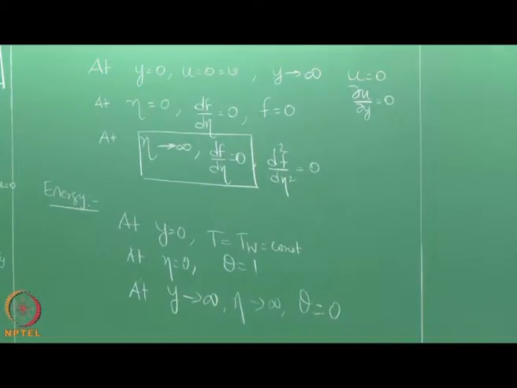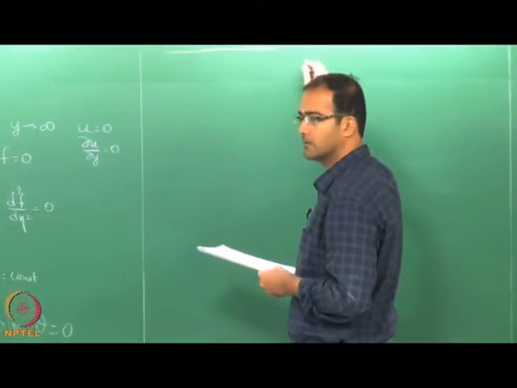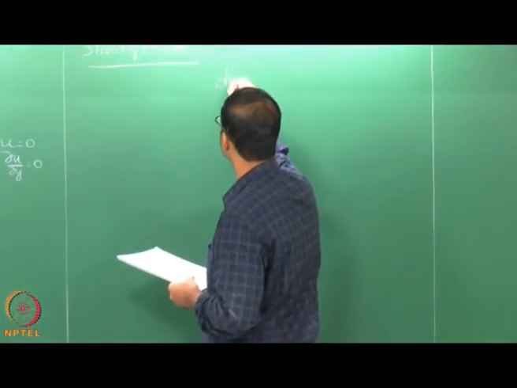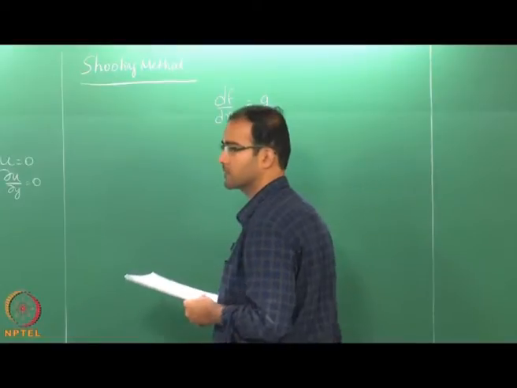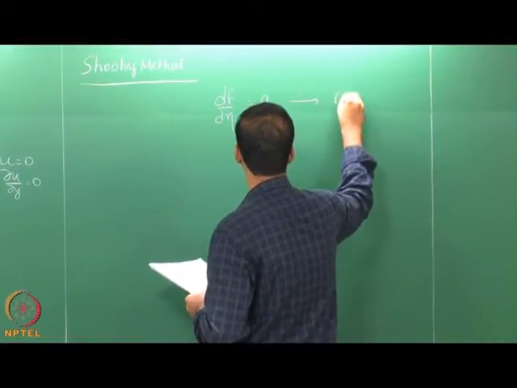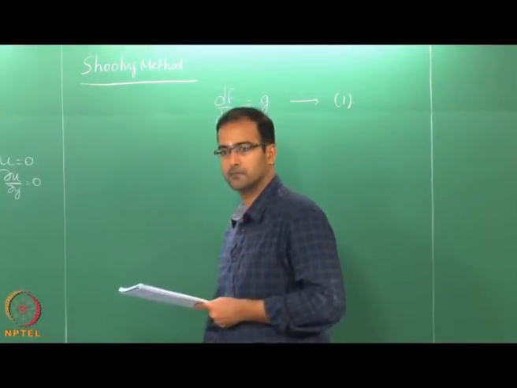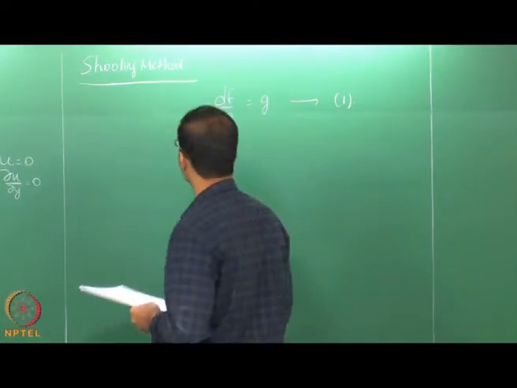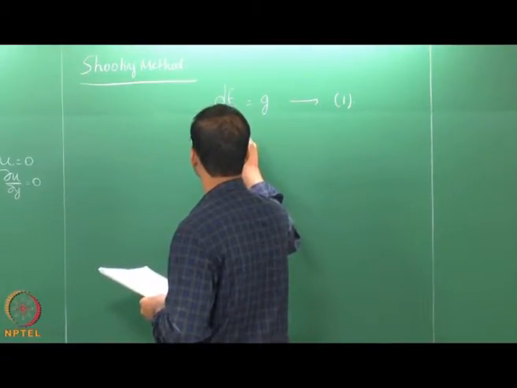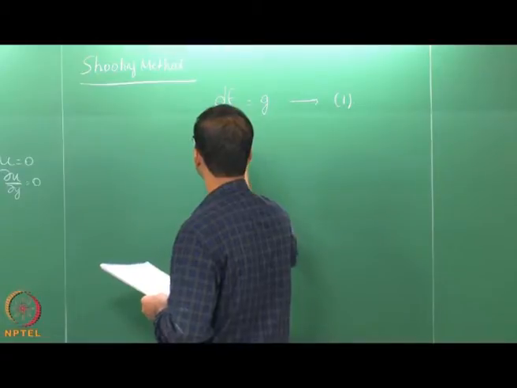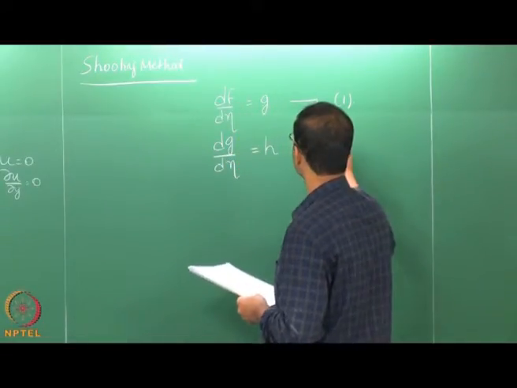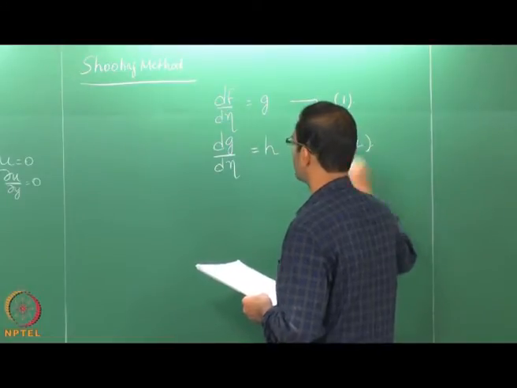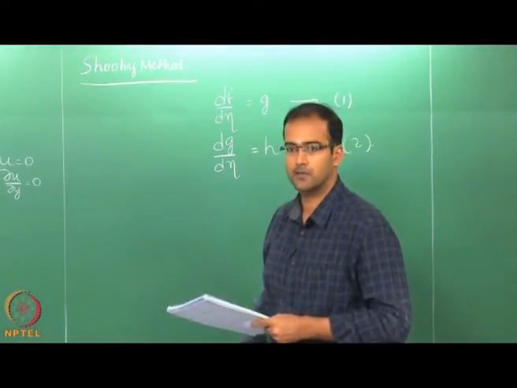So, what do you start with? df by d eta is equal to g. This is your first order ODE, and then therefore, next dg by d eta is equal to h. This is your second first order ODE, and then finally, you put it into the master ODE.